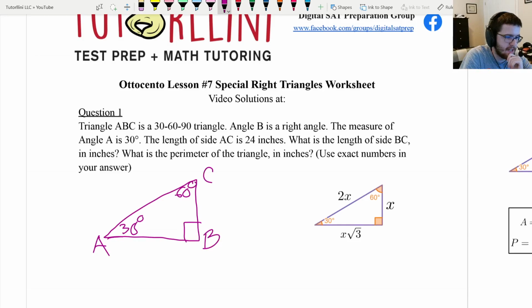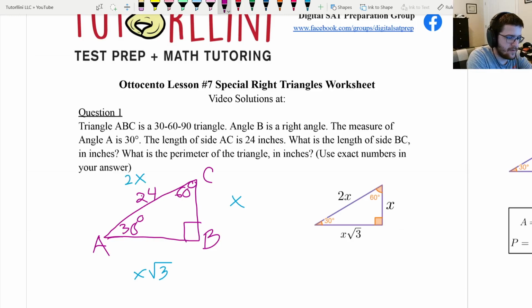It says the length of side AC is 24. And now I'm going to, in a different color, label all of the sides. So across from 30 is x, across from 60 is x root 3, and across from 90 is 2x.